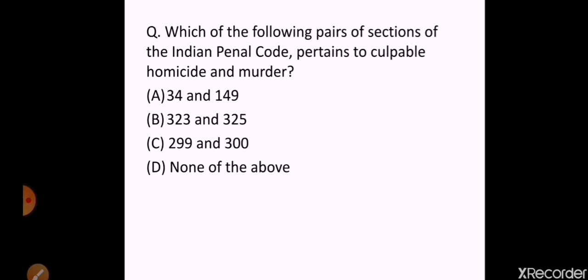The correct answer is option C, that is 299 and 300, and this was also asked in the Chhattisgarh 2017 examination. Sections 299 and 300 of IPC define culpable homicide and murder.